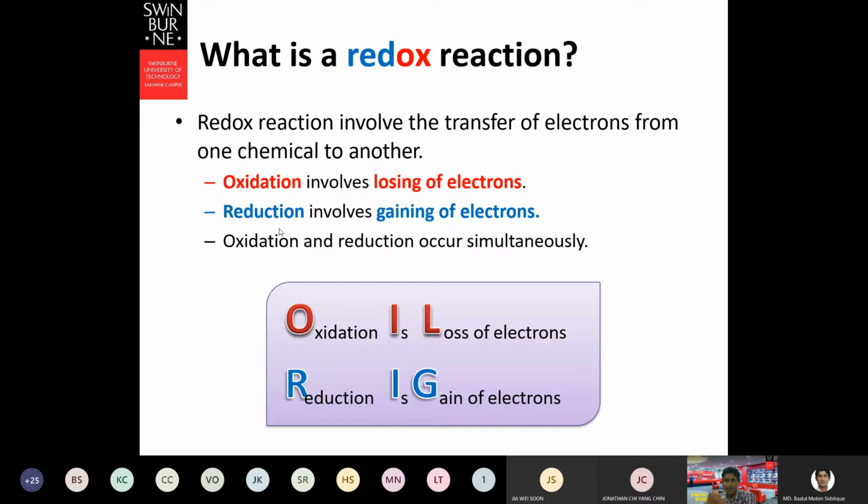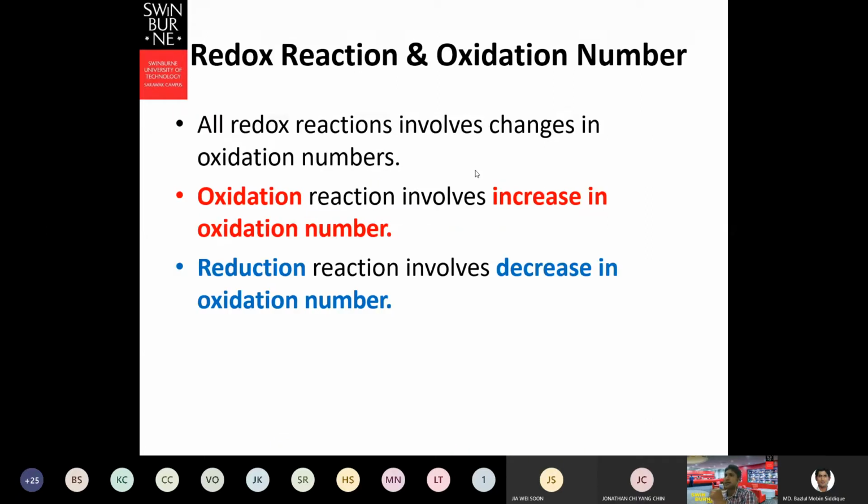To gain an electron, I need to have some available electron, only then can I gain it. That means logically there should be some electrons to be gained, and that is how oxidation comes in. In any reaction that is happening, there are electrons involved.